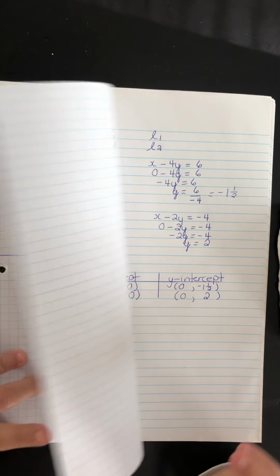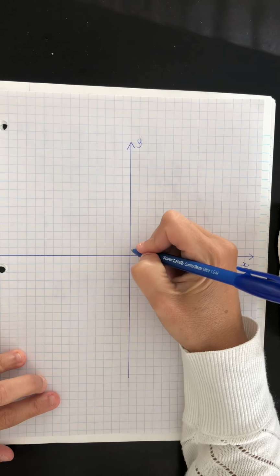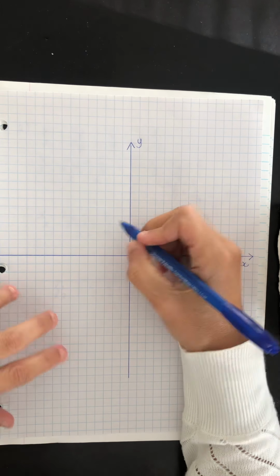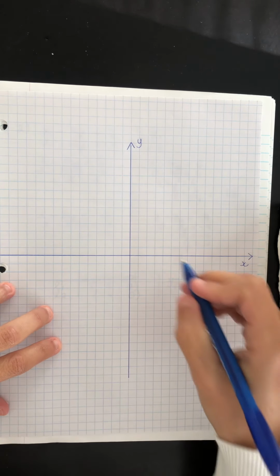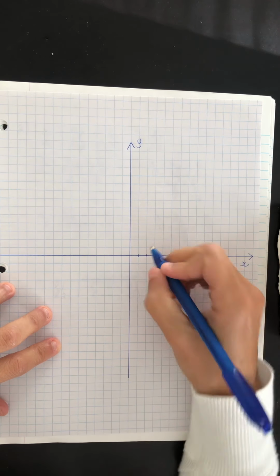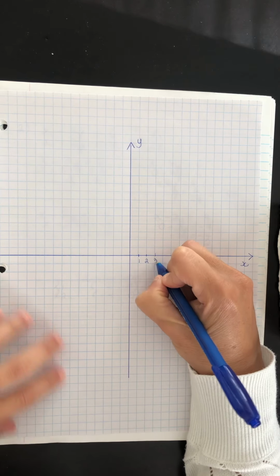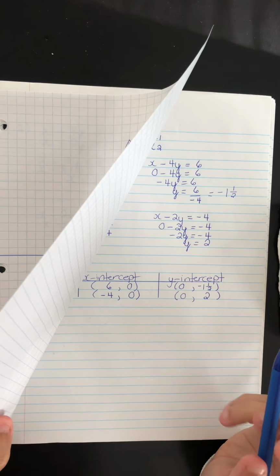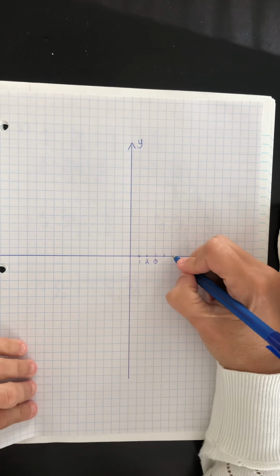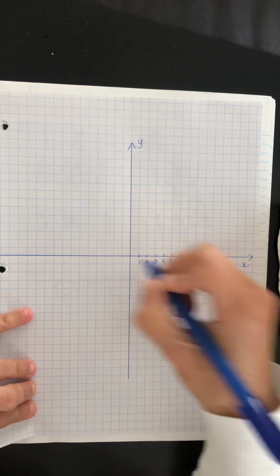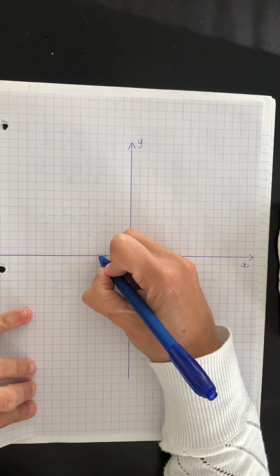So I'm just going to use a scale of 1 for x. Okay, so this is 1, 2, 3, and so on. My x values are 6 and -4, so I'll make sure I go to at least that for now. 3, 4, 5, 6, and -1, 2, 3, 4.